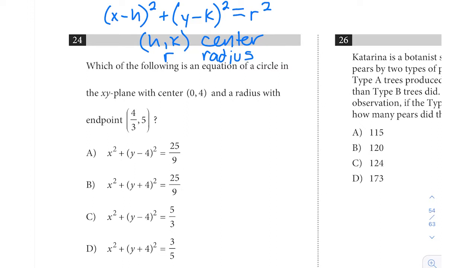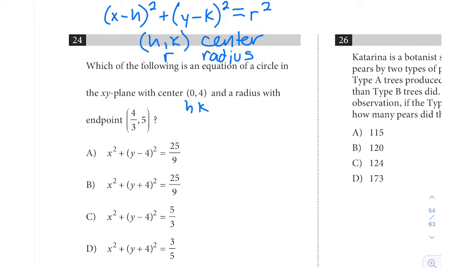First of all, our value for (h, k) for the center would match up to the 0 and the 4 that we see here, which means that when you have x minus h, that's like saying x minus 0, so that first part of your equation would just be x squared, which we see in all 4 of our answer choices, so that by itself doesn't help us eliminate anything.